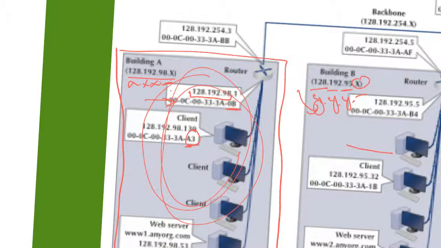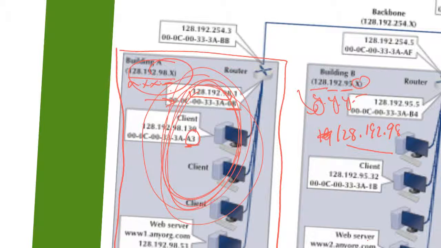Now, this is also important when you do your project: every device on one local area network has to be within the same subnet range when you do your subnetting, which you'll see in separate recordings. You cannot go to building B and assign 128.192.98.5, which belongs to building A, to a device there.